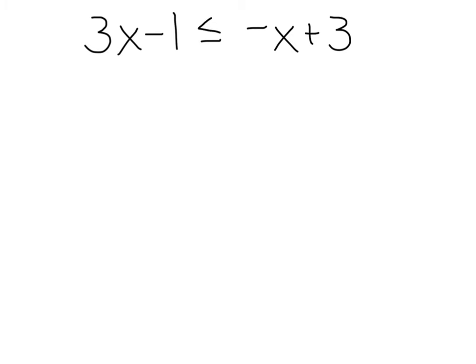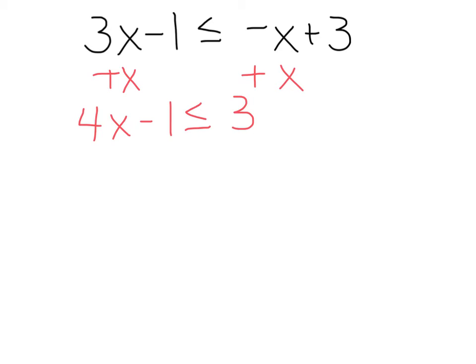The first legal move we could do would be to add an x to both sides. When I add an x to both sides, I end up with 4x minus 1 on the left, and the negative x and positive x zero or cancel each other out on the right side, so I am just left with 3.